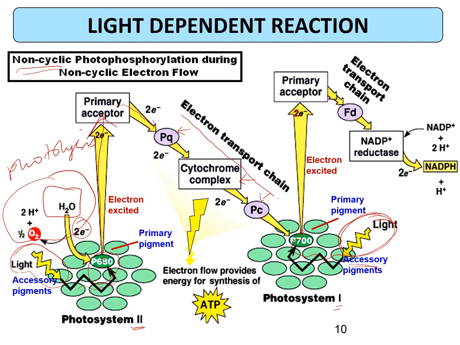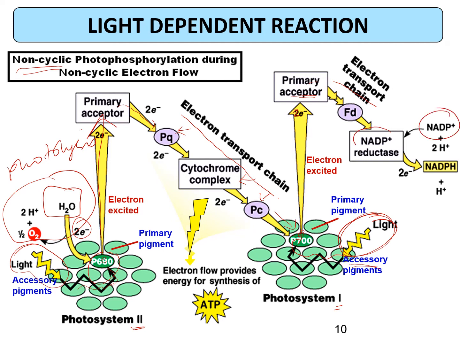The loss of the electron from the P700 will be replaced by the electron from the P680 of PS2. Electron from the P700 will be received by the primary electron acceptor and then passed through the ETC and received by NADP+.